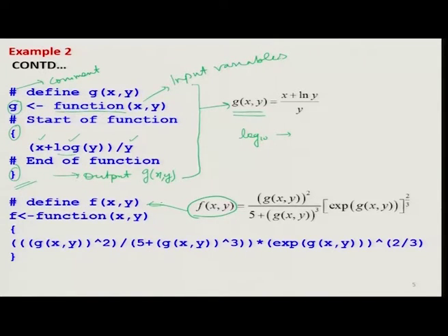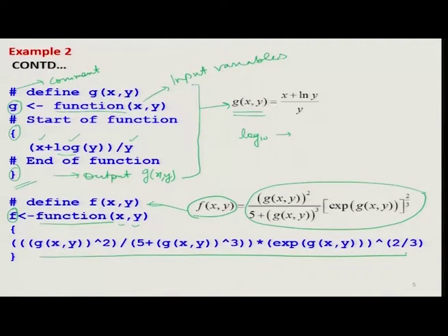So you can see I try to give it a name, say f, and then I write down function f of x,y, and the same expression whatever is written over here I can write down here.